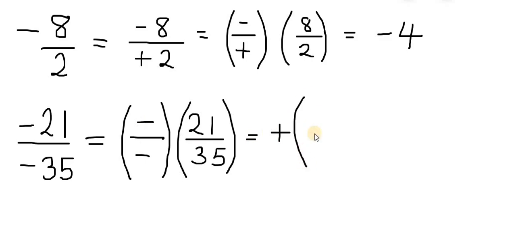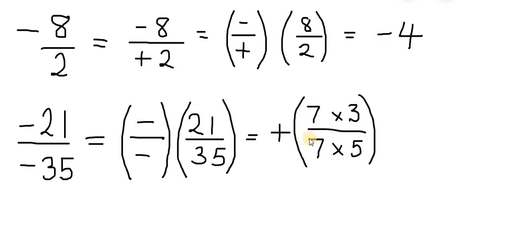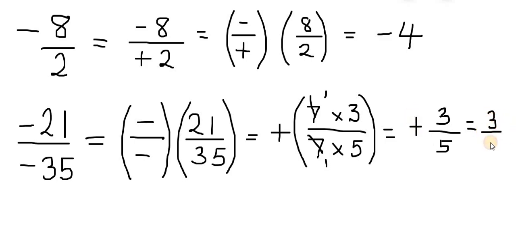For the numbers, 21 is 7 times 3. 35 is 7 times 5. So we can cancel out the 7s for 1 and 1. And so you have plus 3 over 5. Okay? Which we can just hide it since it's a positive number and just call it 3 over 5.